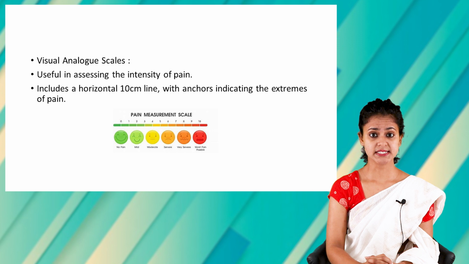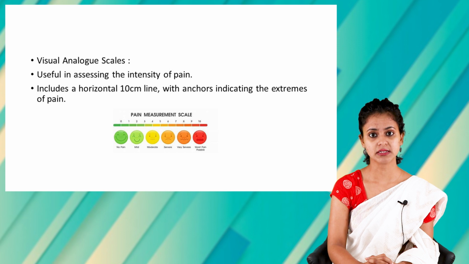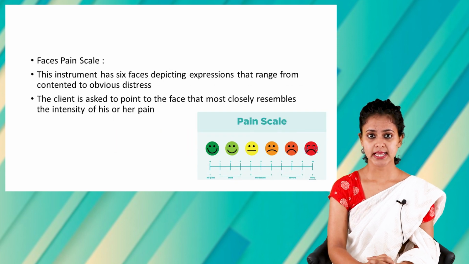Basically, the left side of the pain scale shows there is no pain or very mild pain, whereas the right side of the pain scale shows the severe and worst pain that is suffered by a client. Face pain scale often will be used in a clinical setup to identify the severity of the pain which is present for a particular individual.